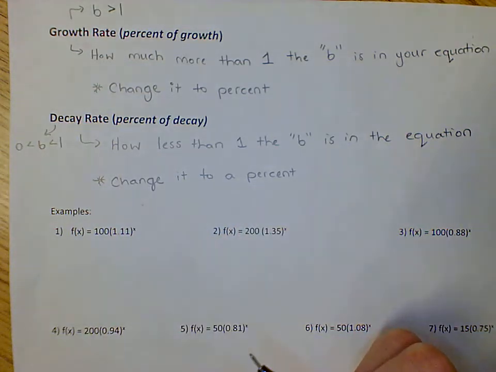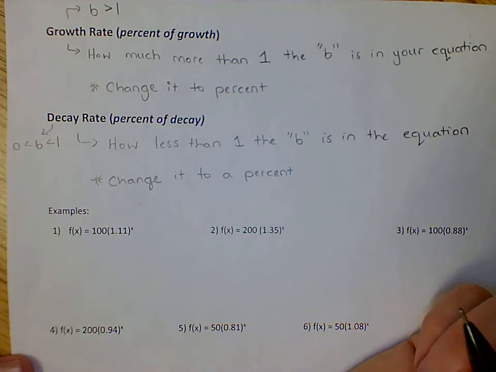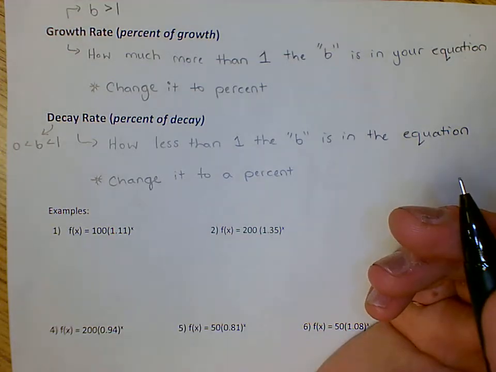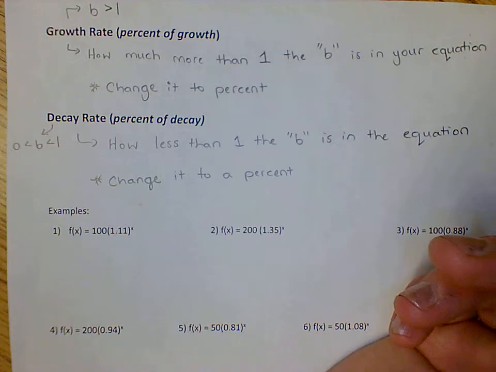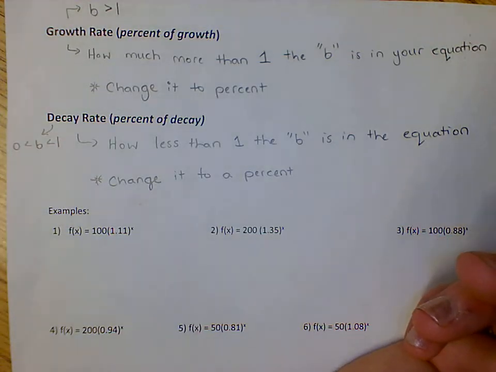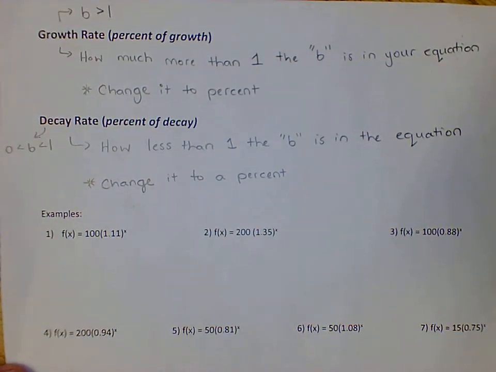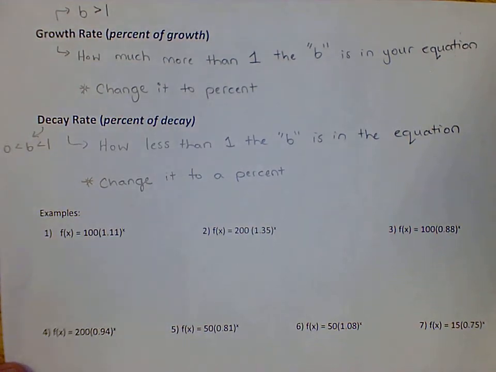All right, so if it's growing by like 150% each time, that means that it's growing 100% and then an extra 50% on top of that, okay? And so those are just some real life examples. But now we're going to look at the equations and be able to tell the growth rate or the decay rate, okay?